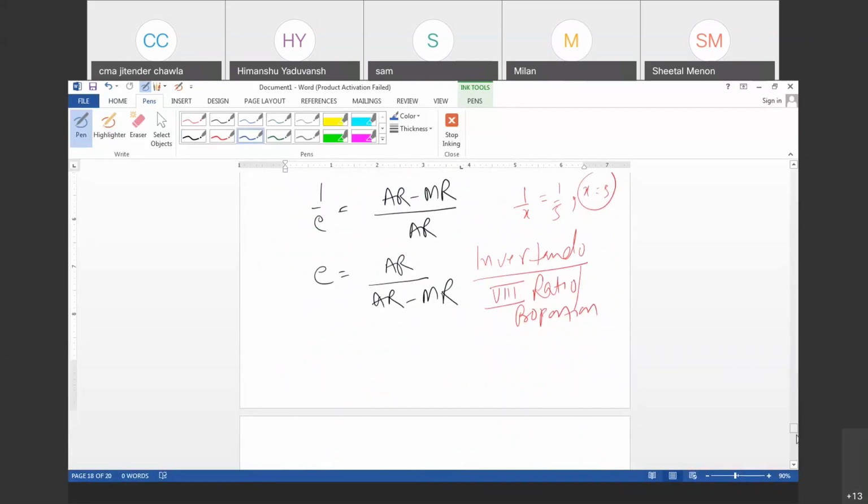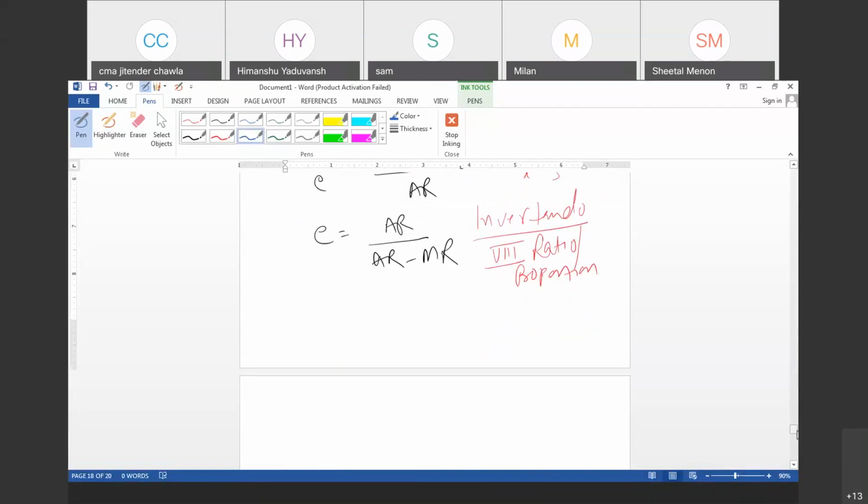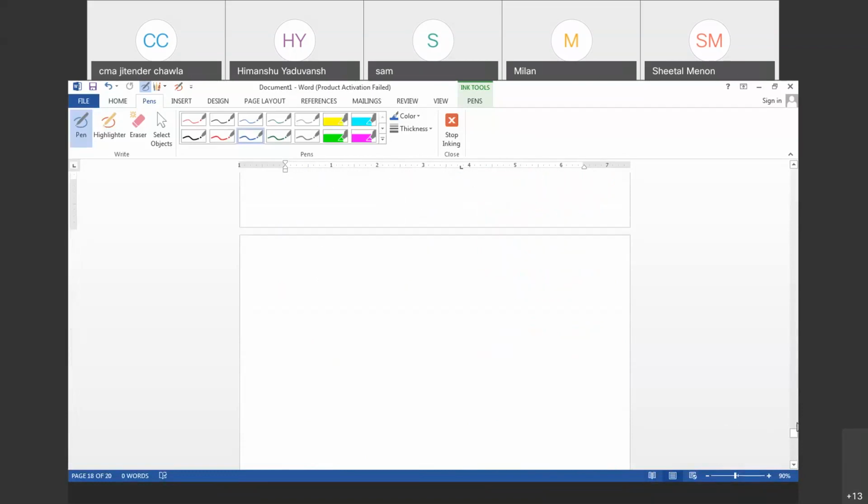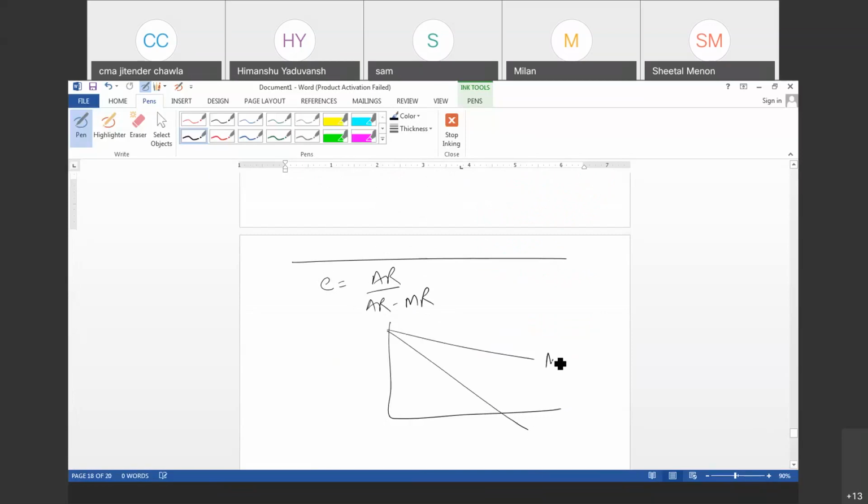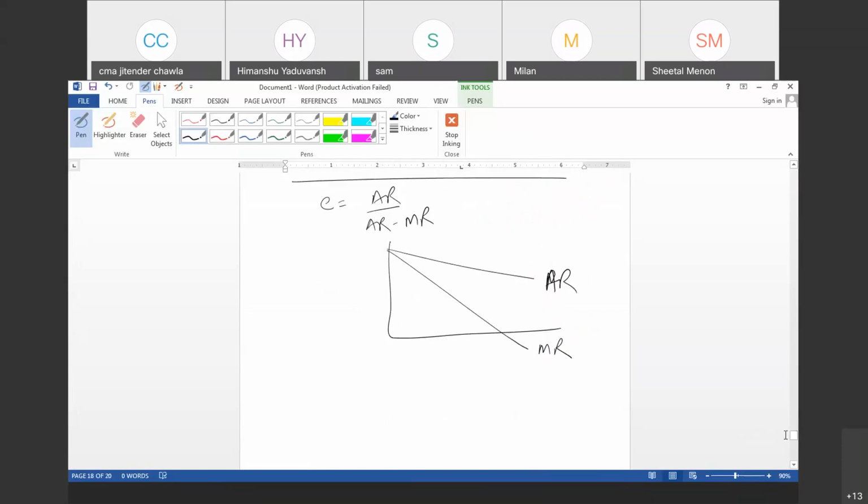Okay, now I'm making a table and this is the last step. Just consider the E value. What is my E value? It is AR divided by AR minus MR. You must have studied in your microeconomics, this is the AR curve, this is the MR curve. Now just consider when MR equals 0.